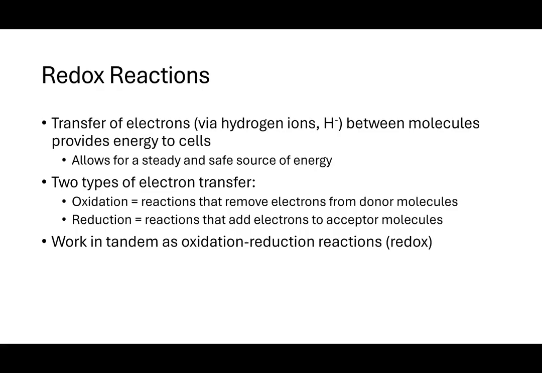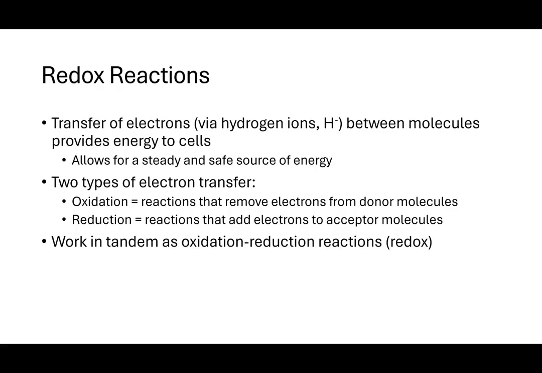It's a lot more complicated than that. We're going to get into a little bit of detail here in a bit. But that transfer of electrons, plain and simple, is what is going to lead to energy production for the cells.